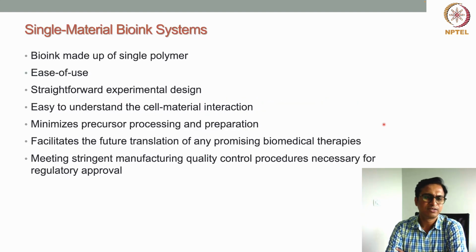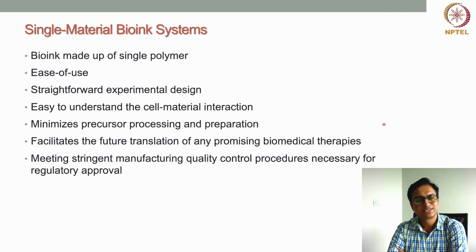As you must have understood, single material bioink systems are mostly made up of a single polymer, like gelatin, alginate, fibrin, collagen, or even a synthetic polymer like PVA.